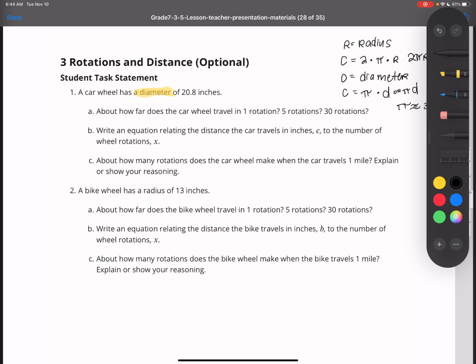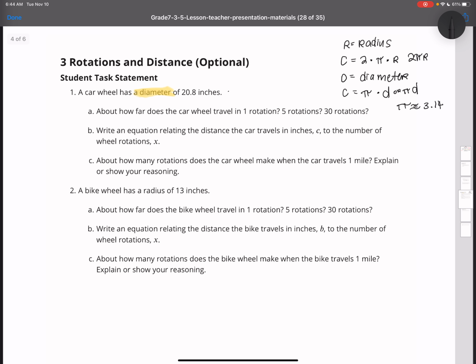So I want to plug that in, which is 20.8 times pi. There are ways we can solve this, or we could leave our answer in terms of pi. If we were to leave our answer in terms of pi, we could just leave it like this, 20.8 pi.